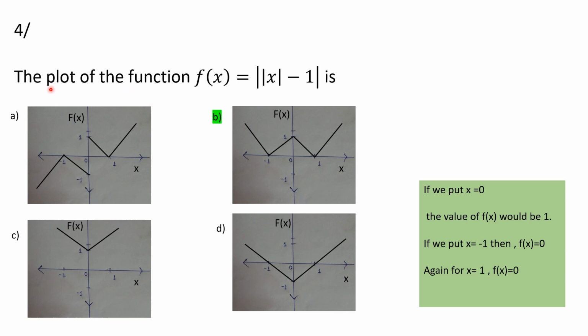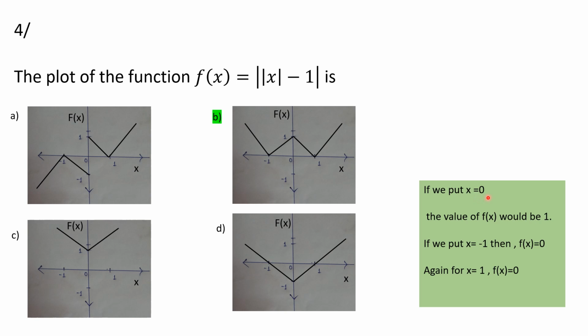Then the plot of the function f of x is equal to mod of x minus 1. From all these figures we have to find the correct figure for the function given in the question. So let's check.